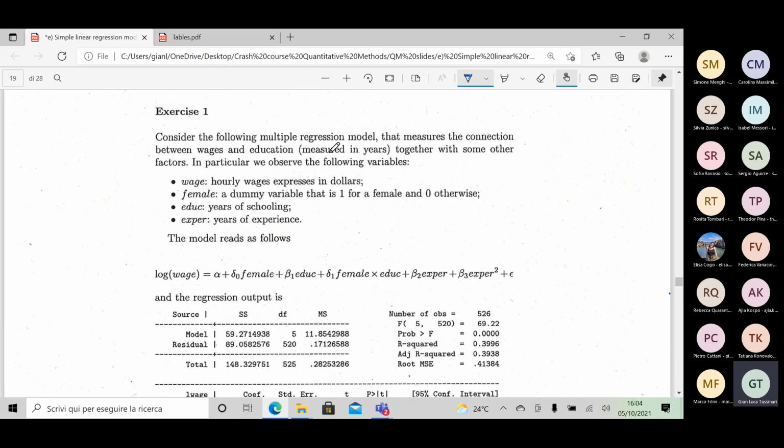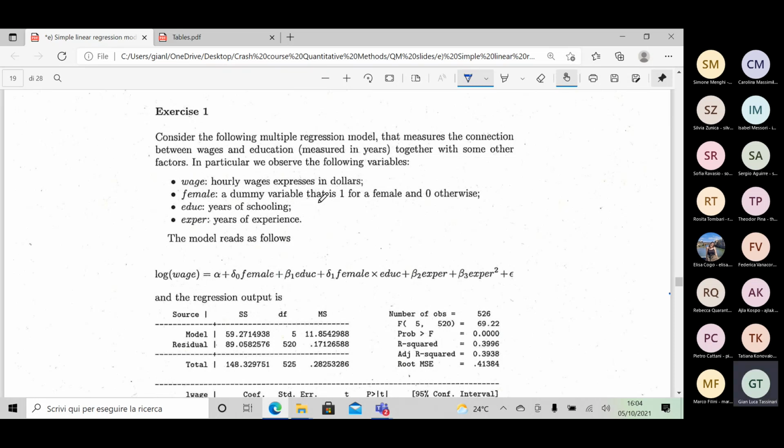Consider the following multiple regression model that measures the connection between wages and education measured in years, together with some other factors. In particular, we have the following variable: wage, which measures hourly wages expressed in dollars.